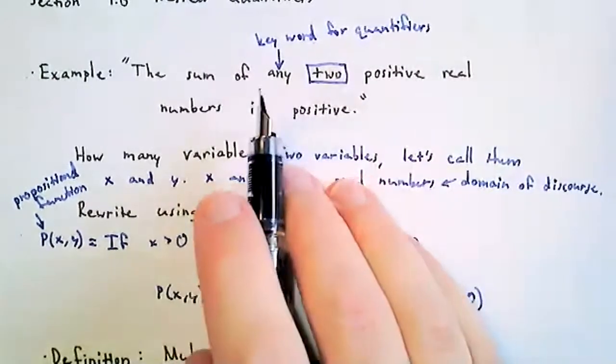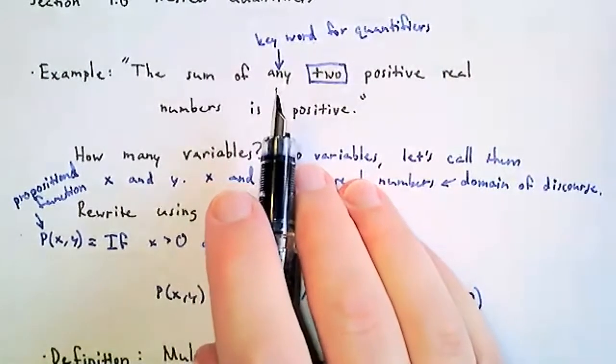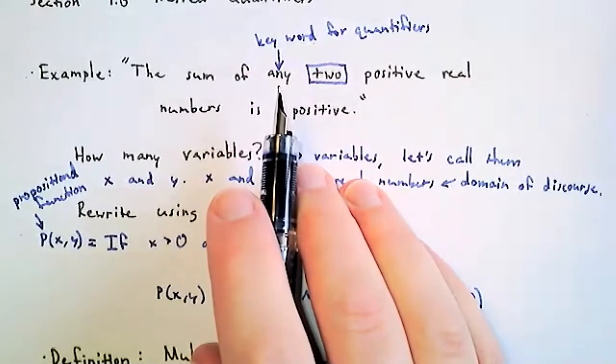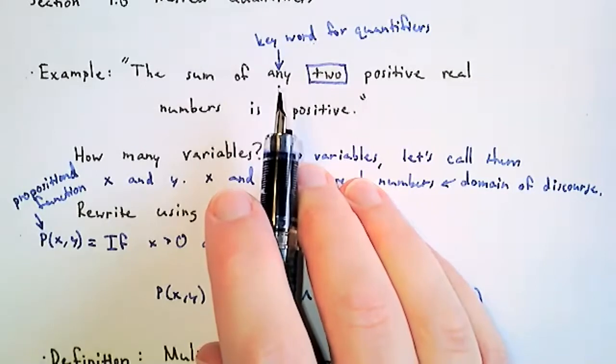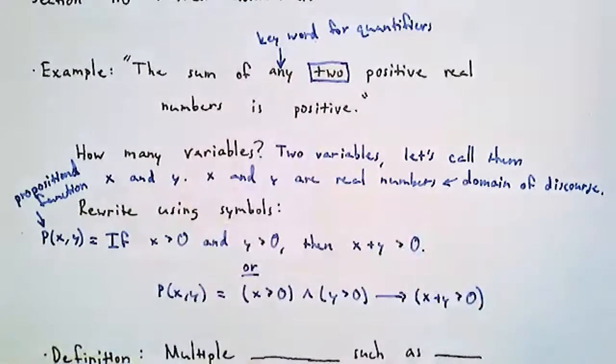So which quantifier does this word correspond to? The there exists quantifier, the backwards E, or the for every quantifier, the upside down A? What do you think?